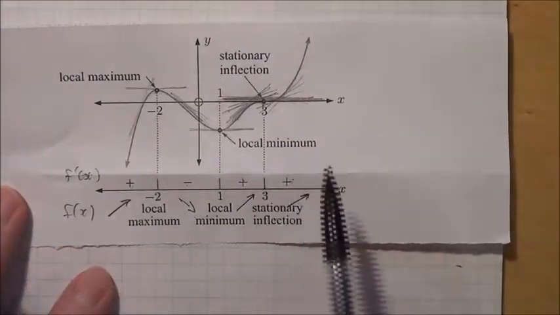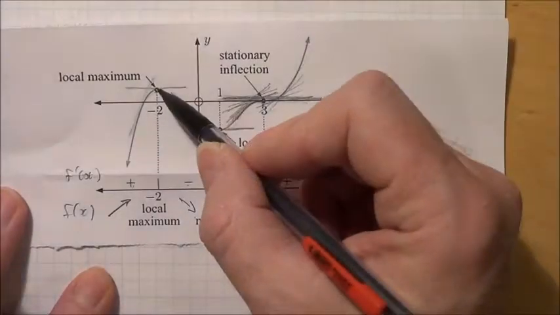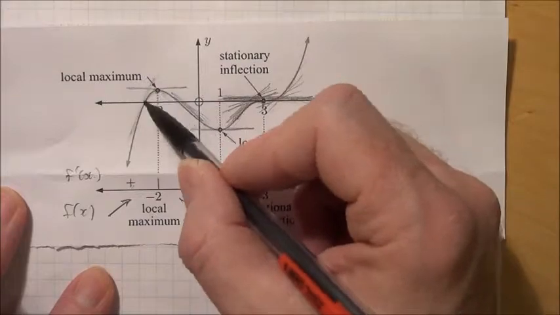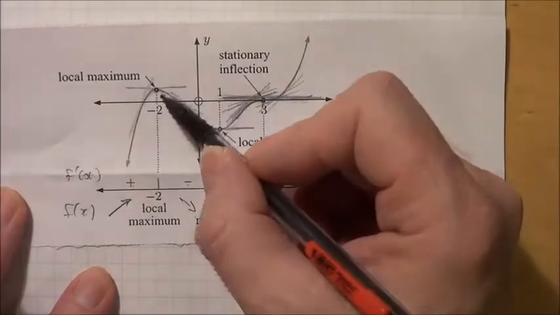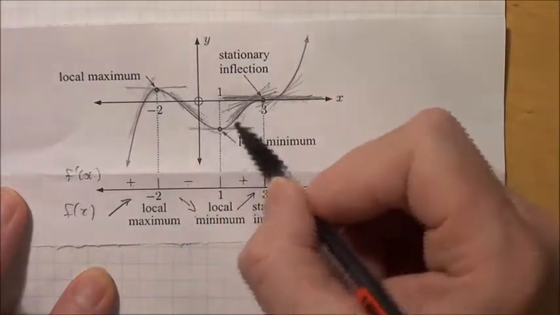Okay. Now, one thing that's not shown here, we'll get to this in 16D, is halfway between this local maximum and this local minimum. Here's concave down, and this is concave up.